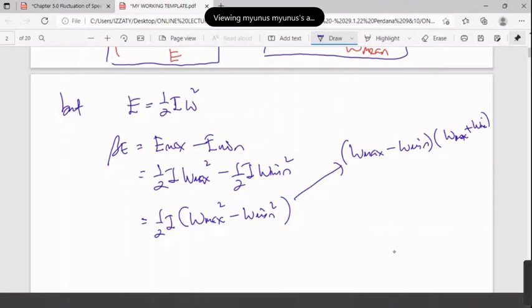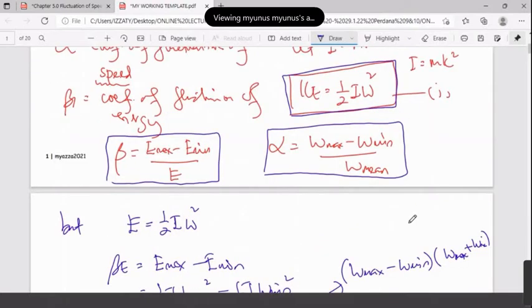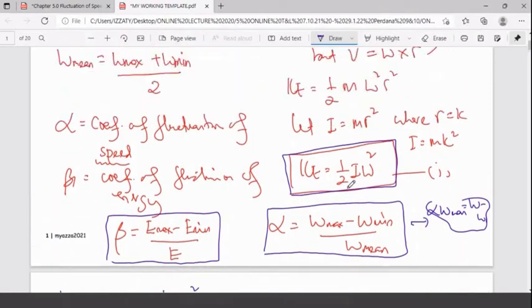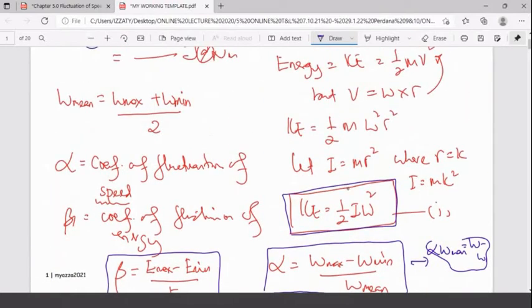If you go back to the equation that we have earlier, this can also be in the form of alpha omega min equal to omega max minus omega min. If you simplify the equation, this can also be in the form of alpha omega min equal to omega 2 minus omega 1.